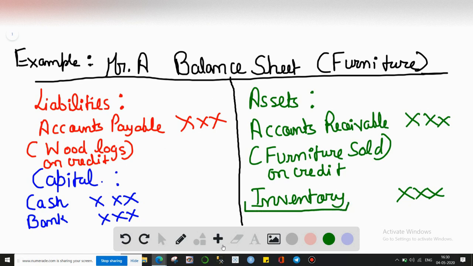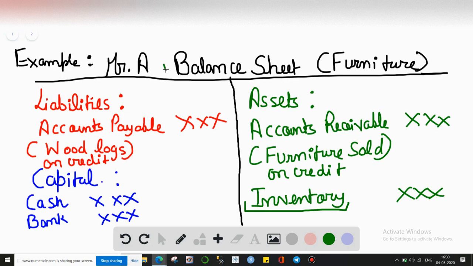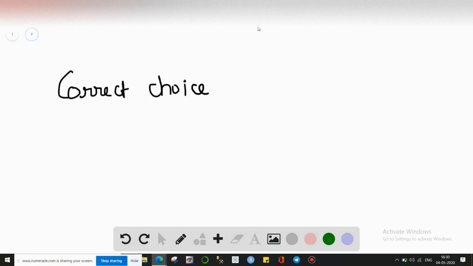So we have derived our solution: on which statement will we list our merchandise inventory account? It is the balance sheet.